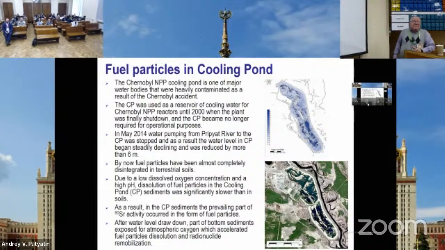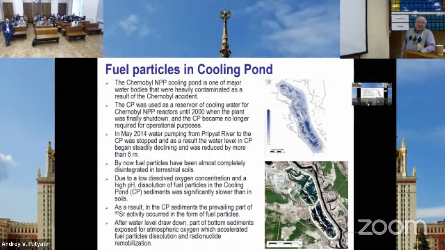And therefore, if we have fuel particles on the soil surface, they are oxidized by the oxygen of atmospheric air, slowly, but still. The time scale of decomposition of fuel particles and dissolution of radionuclides is about 2 years for soils.